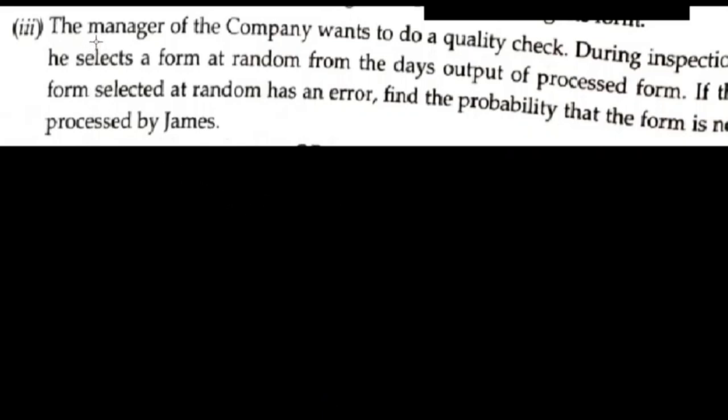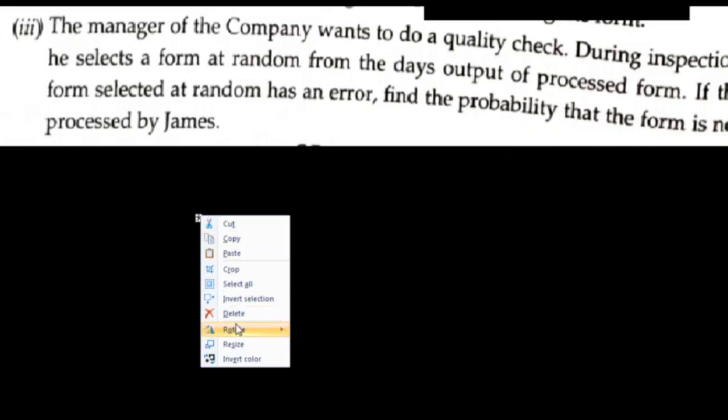Now the manager of the company wants to do a quality check. During the inspection, he selected a form at random from the day's output of processed forms. If the selected form has an error, find the probability that the form was not processed by James.